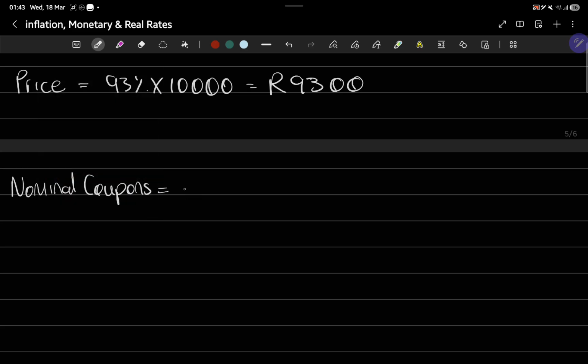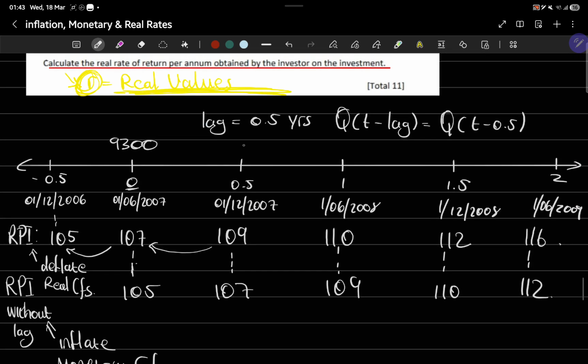So to get the coupons, which are paid every half year, we say 4% divided by 2 times 10,000, which is equal to 2% times 10,000, which is 200. These are the nominal coupons. So the nominal values here are 200, 200, 200.